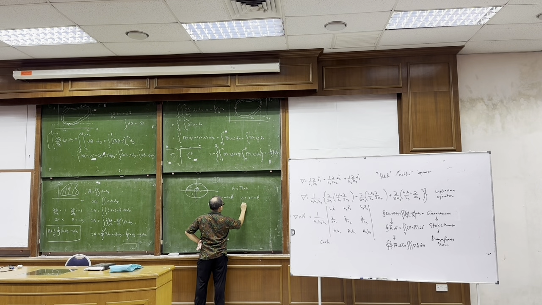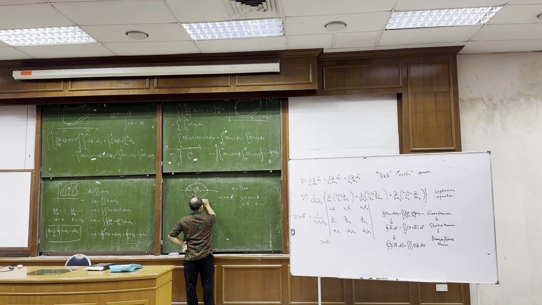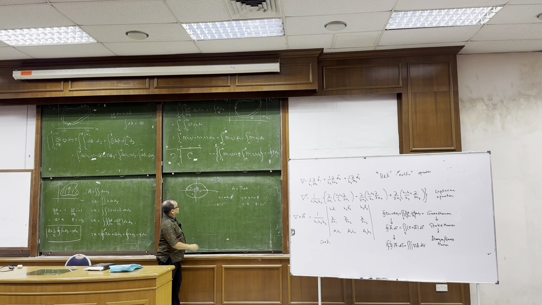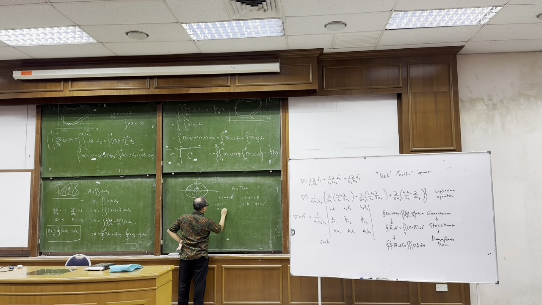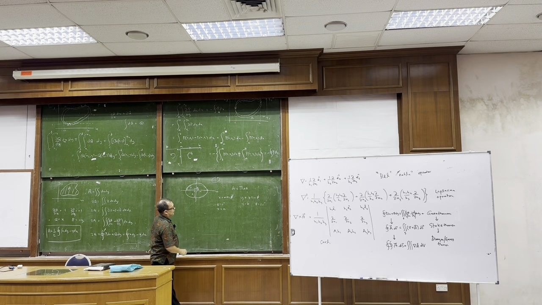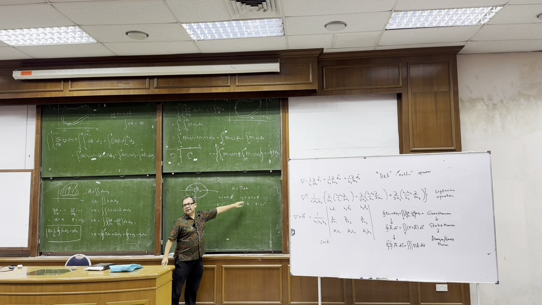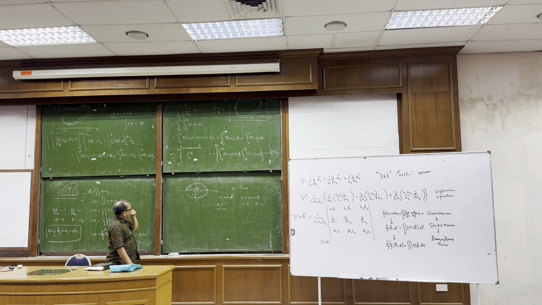And if phi is 0 degrees, then x is equal to a. Understand? So you can exactly write this: a cos phi and b sine phi.